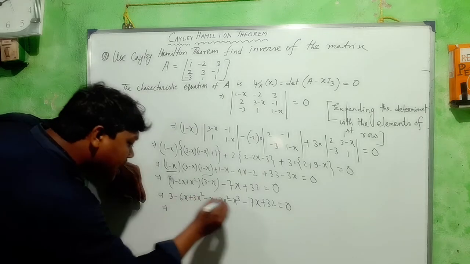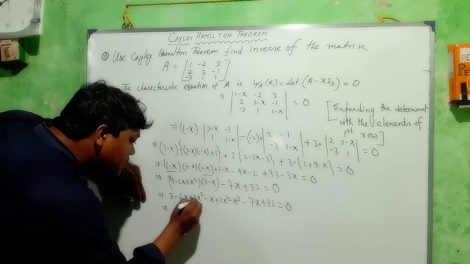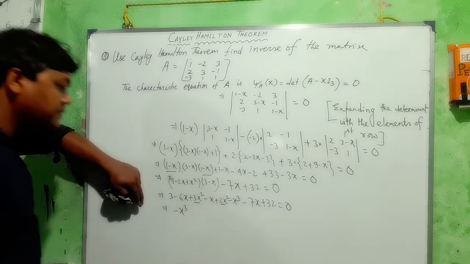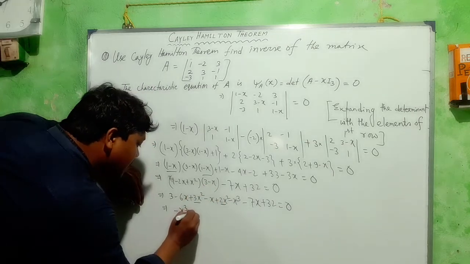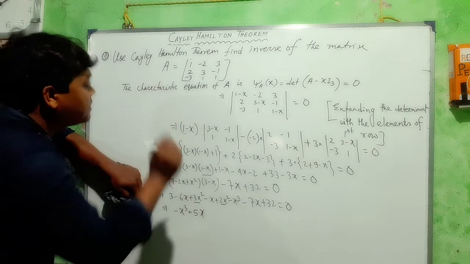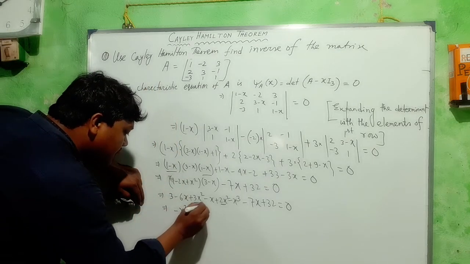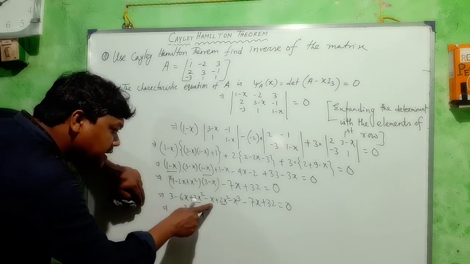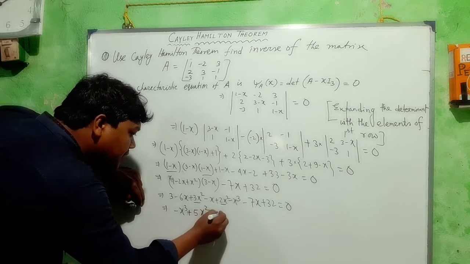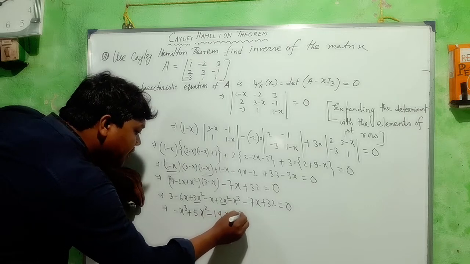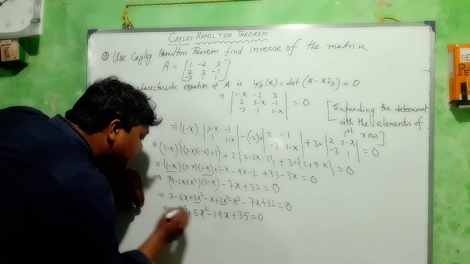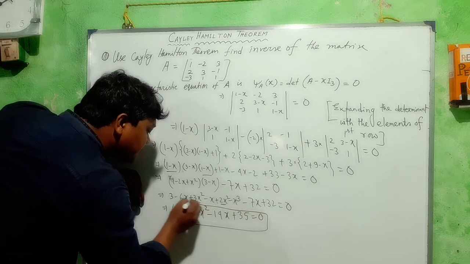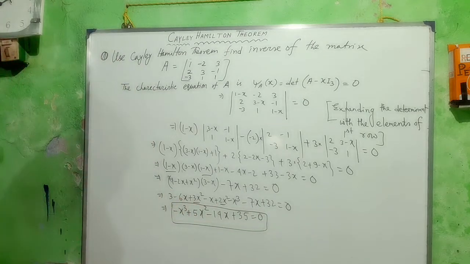After some calculation, minus x cube, 3x square plus 2x square gives 5x square, and minus 6x minus x, that is minus 7x, minus 14x plus 35 equals to 0. That is the characteristic equation.